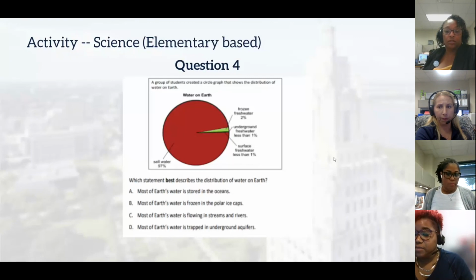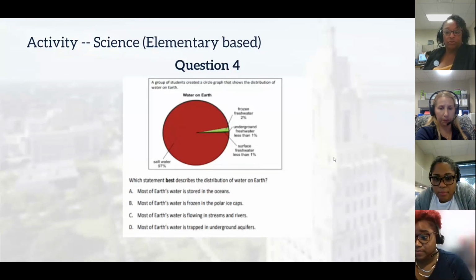Okay. I would give it between a 2 and a 3, and the reason is if you look at the actual pie graph, it does not say oceans, polar ice caps, streams and rivers, or underground aquifers. So a student would have to know previously that the Earth's water in oceans is salt water. Right.